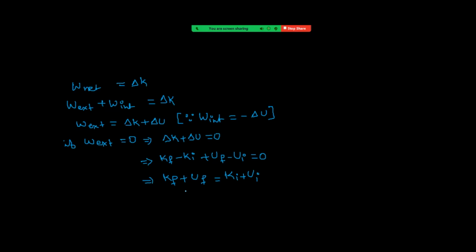That means there is no change in the mechanical energy of the system. And we can say this when, first condition, no work is done by external forces; second condition, all internal forces are conservative. Then we can say the mechanical energy of the system is a constant.